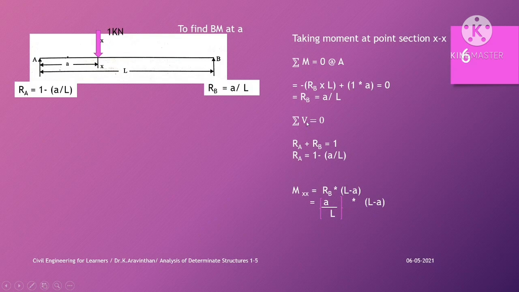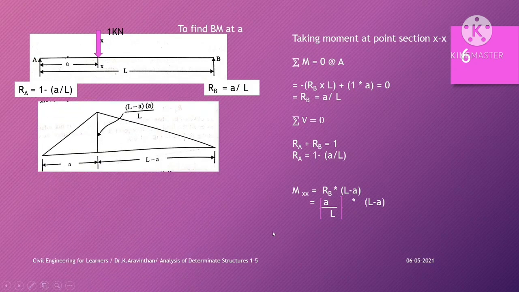We already know RB equal to A by L, so I am substituting A by L for RB. Now I will be getting MXX. As simple as this. So finally, the value is L minus A into A by L. This will be the maximum moment due to the point load at section XX.